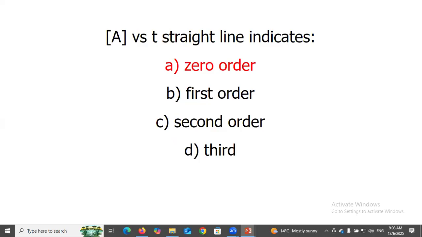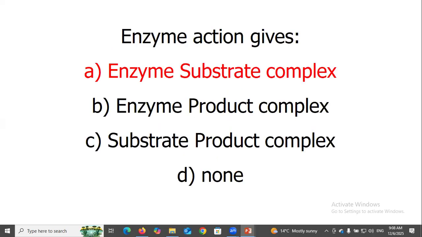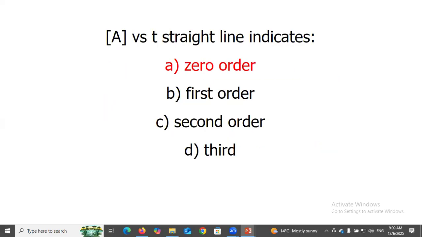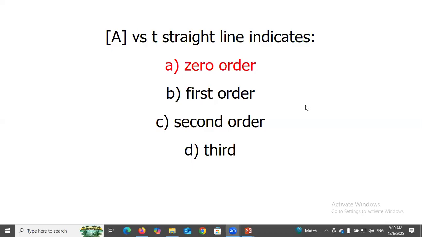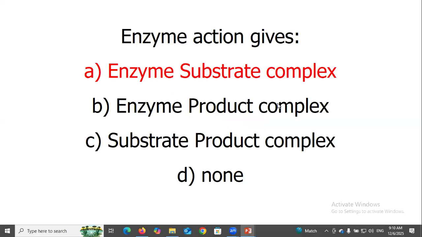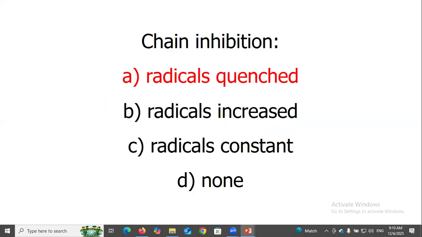Straight line, zero order. Enzyme action gives enzyme substrate complex, enzyme product complex, substrate product complex, none. Correct option is option A, enzyme substrate complex.